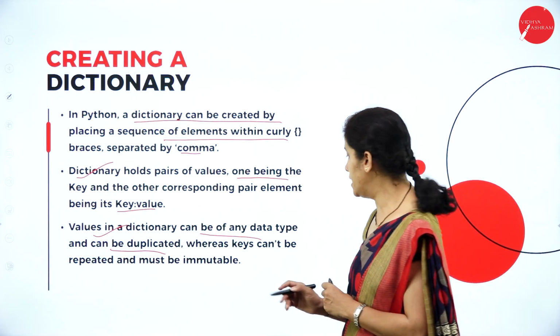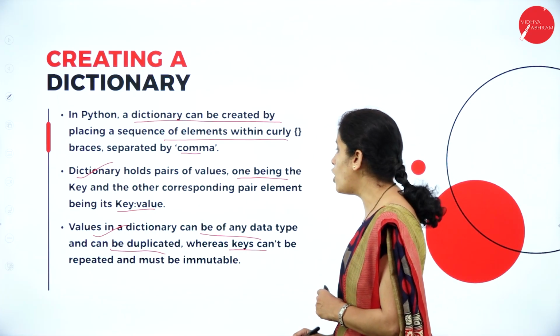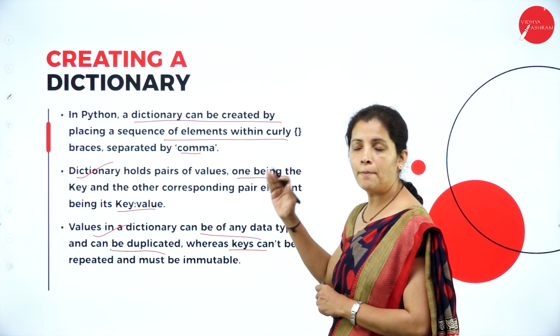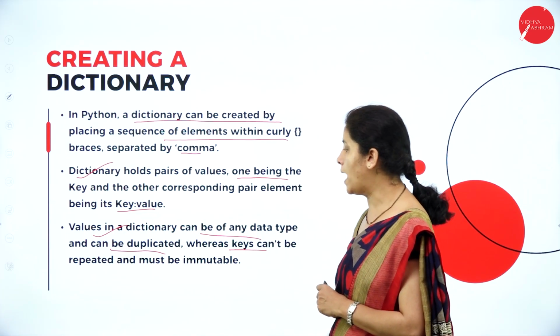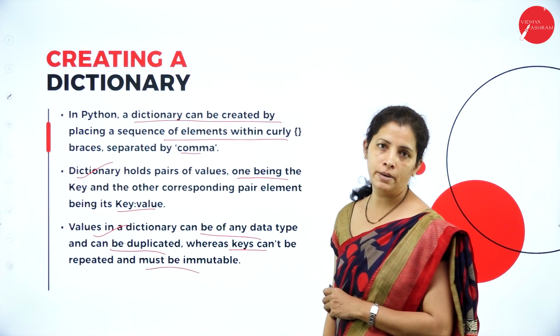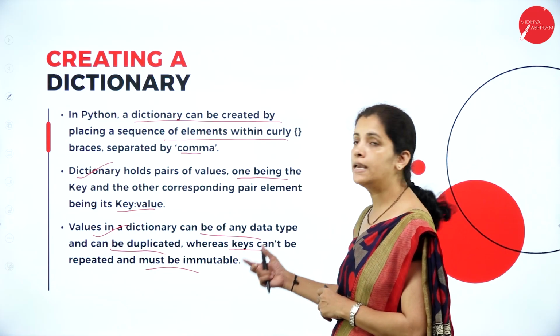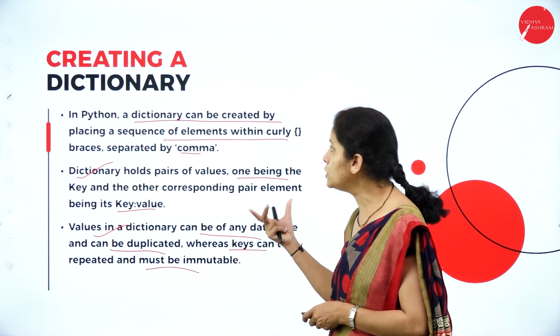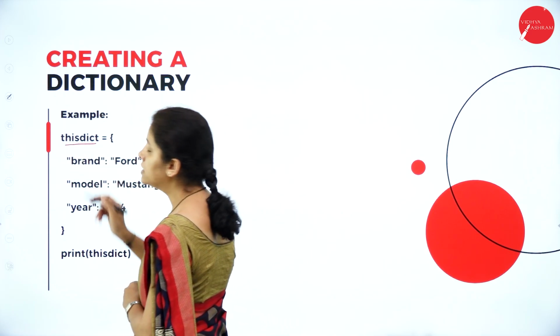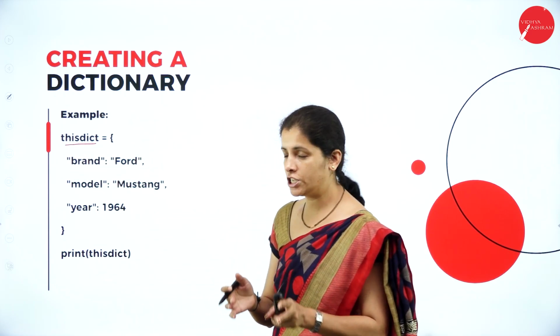But what about keys? Keys cannot be repeated. So, in the key position, I must have a unique value and it must be immutable. In the sense, keys cannot be changed. Okay, fine. See here, this dict is nothing but the dictionary.